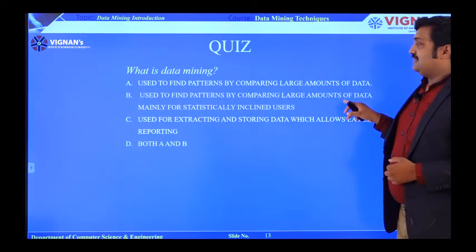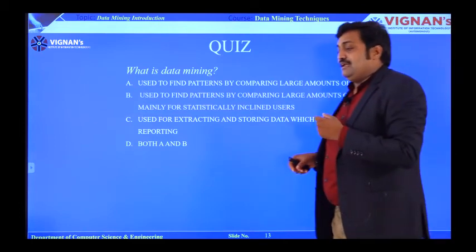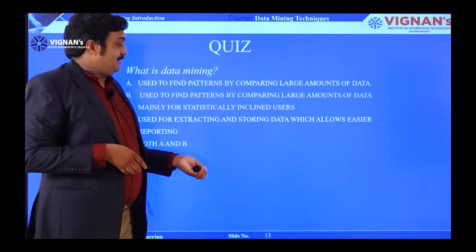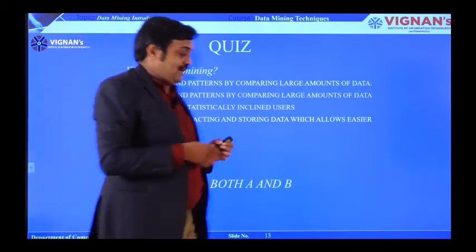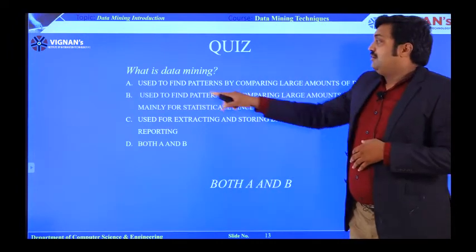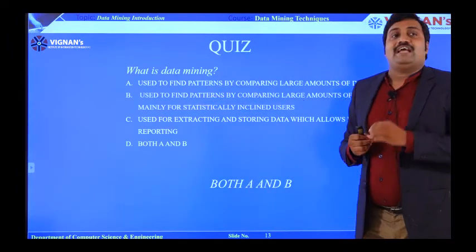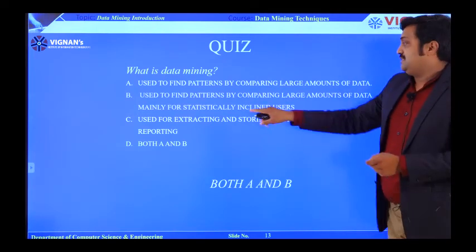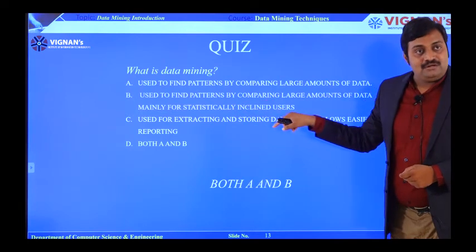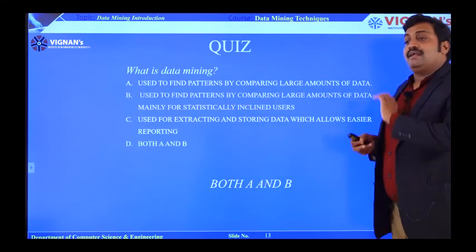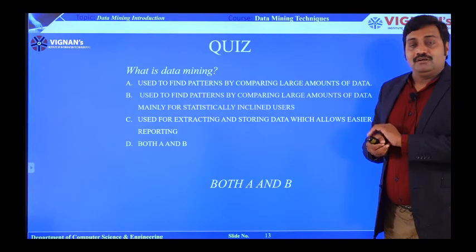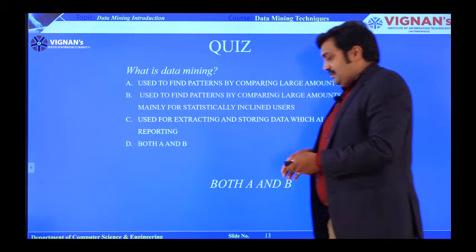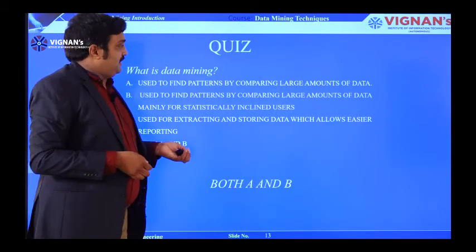Then we need statistical models to gain the knowledge, that is options A and B. So data mining is not only extracting; we have to apply some statistical measurements or methods to get the relevant knowledge. So the answer is both A and B.